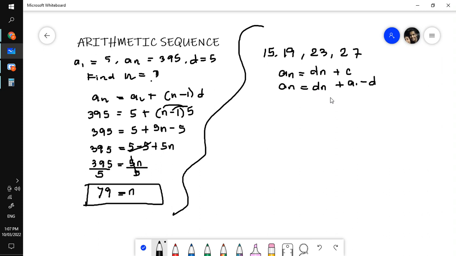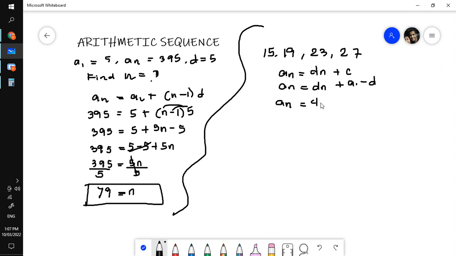We have d times n. Now let's find out. Copy a sub n, that's equal to the common difference d times n. So let's find out what the common difference is. We have 19 minus 15, that's 4. 23 minus 19, that's also 4. 27 minus 23, that's also 4.